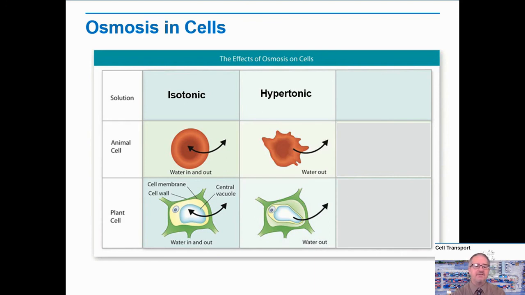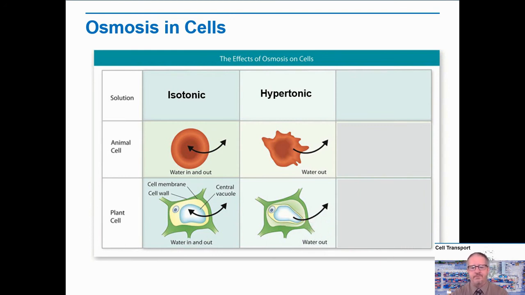And so if that were the case, what would happen to the cell? Well, if you're thinking that the cell is probably going to shrink or shrivel up, you would be correct. In fact, that's what we see happening here and here. And that's what happens when plants get all wilty looking. It's because they don't have enough water inside of their cells.